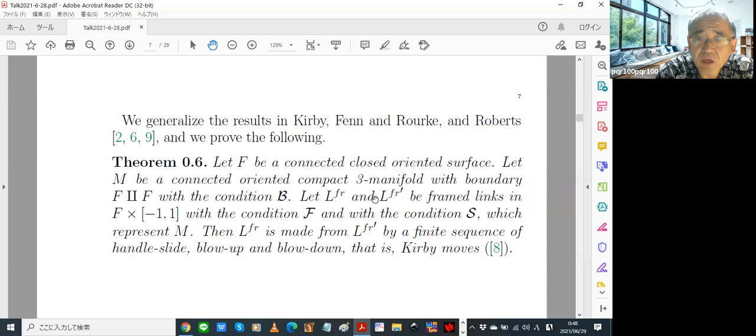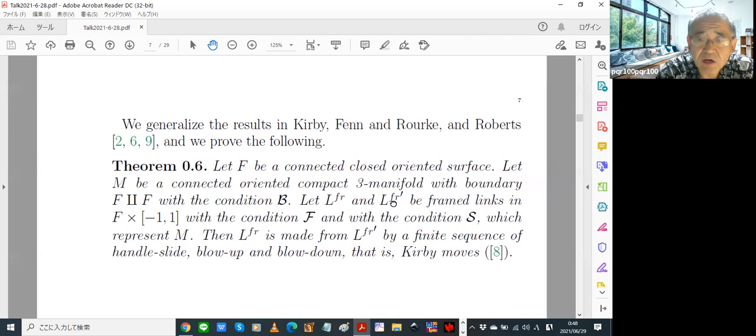Let L and L prime be framed links in the thickened surface with the condition F, fixed meridians and longitudes, and with the condition S, simply connected four-manifold, which represent M. Now, there are infinitely many such L. So take two arbitrary framed links with condition S. Then L is made from L prime by a finite sequence of handle slides, blow-ups, and blow-downs. That is Kirby moves.